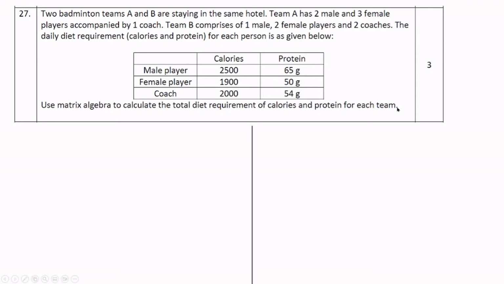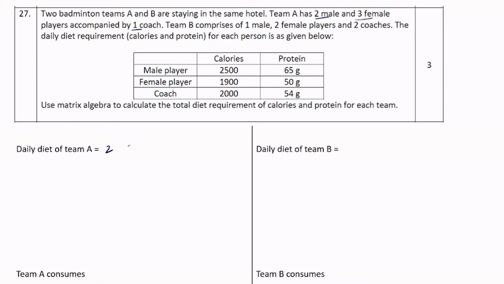Similar questions are given in the CBSE Handbook, in exercises also, in examples also. So here we need to find the total diet requirement of calories and protein for team A and team B using matrix algebra. So this is very easy. Daily diet of team A: team A has 2 male, 3 female and 1 coach.